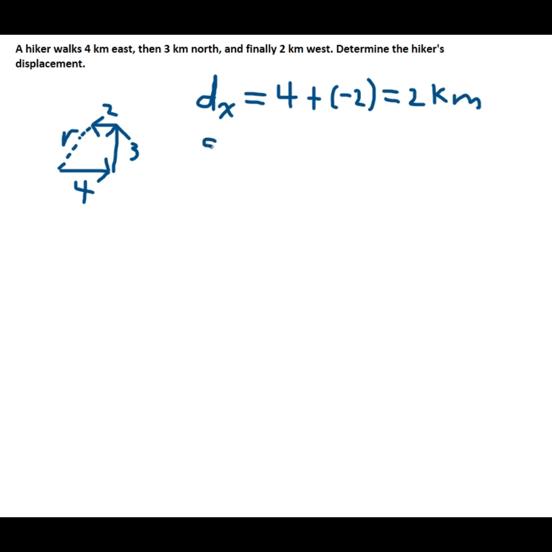And in the y direction, since there was only one vector, it only moved 3 kilometers north. Now let's redraw this diagram using these values that we just found. So it went 2 kilometers east and 3 kilometers north.